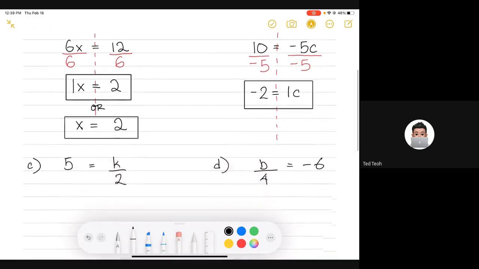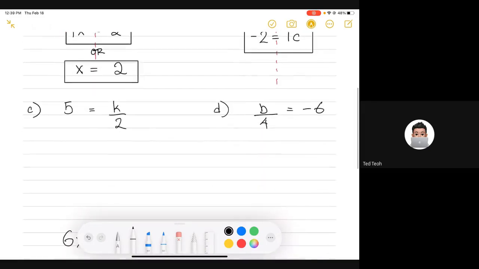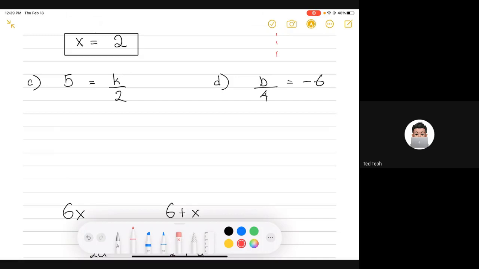Dividing is the same thing as fractions. We've kind of done questions like this in Chapter 1, doing the X box, but it's not always going to be the letter x. It could be the letter k. Same as similar triangles, when you see a question like this, all you do is cross multiply.